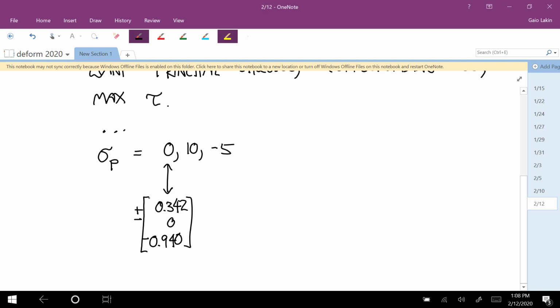That's in the original coordinate system, by the way. So all of these are in the original coordinate system.